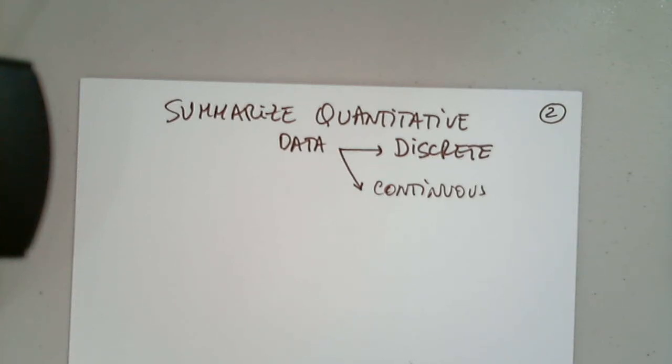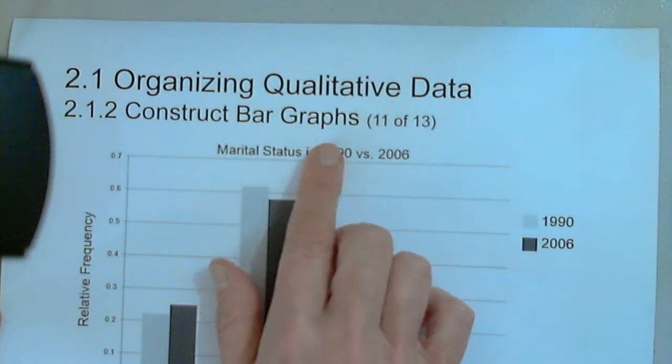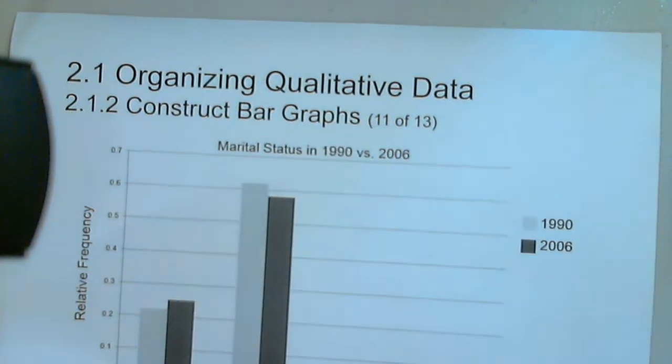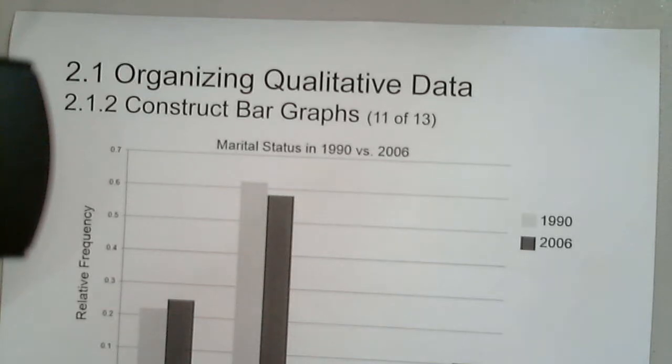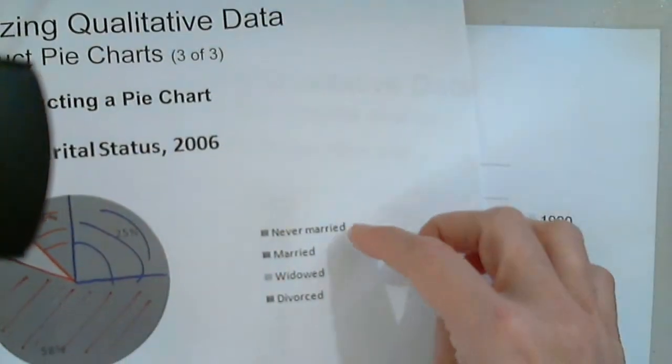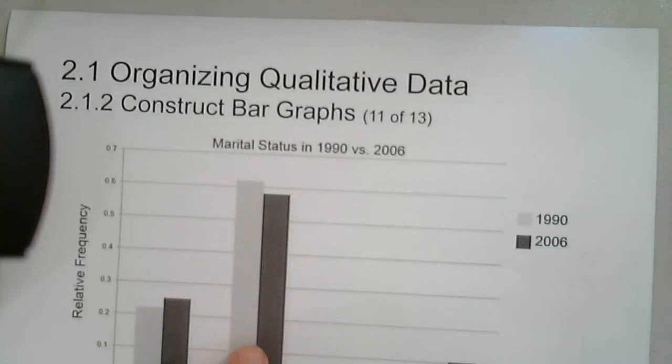Oh yeah, I also had this for you. I didn't want to forget that. So we can also construct side-by-side bar graphs for the same data set that I had here: never married, married, widows, and divorced. So I wanted you to see this. Why do we use side-by-side bar graphs?